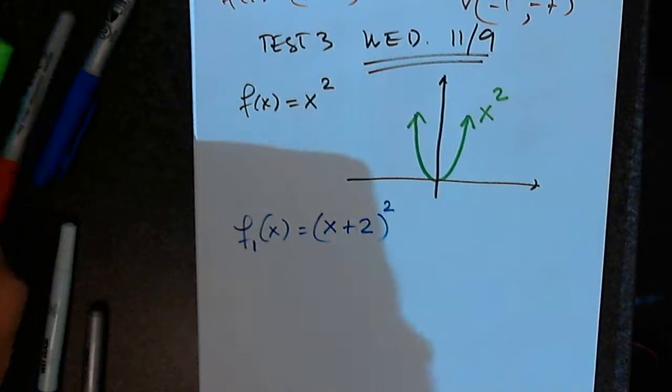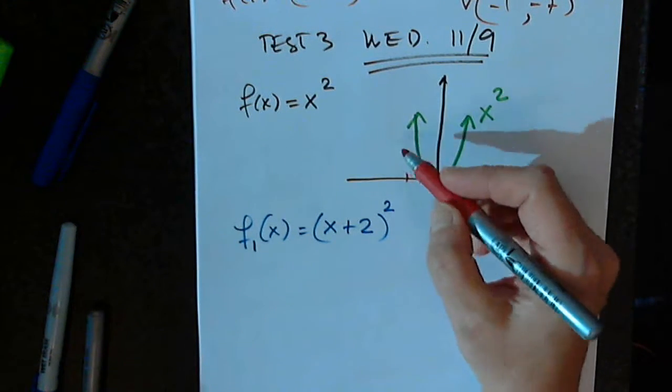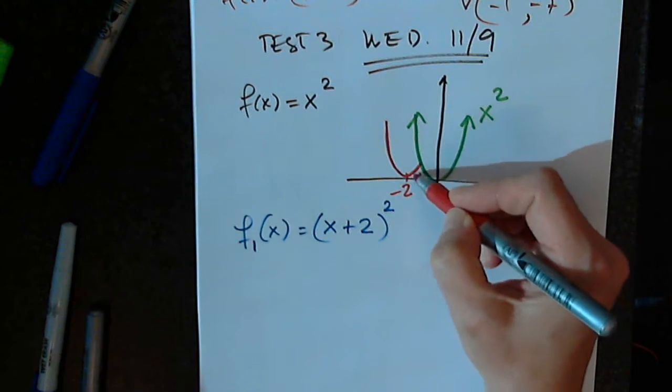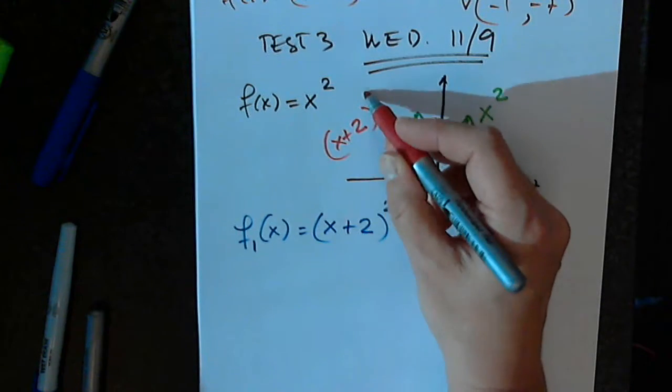Right. So I know where this graph is going. I know you will be tempted to say it's going to the right 2 units. But since the x-intercept is at x equals -2, this is a left shift of 2 units. So the same function, but now it turns here at -2. And this is x plus 2 squared.